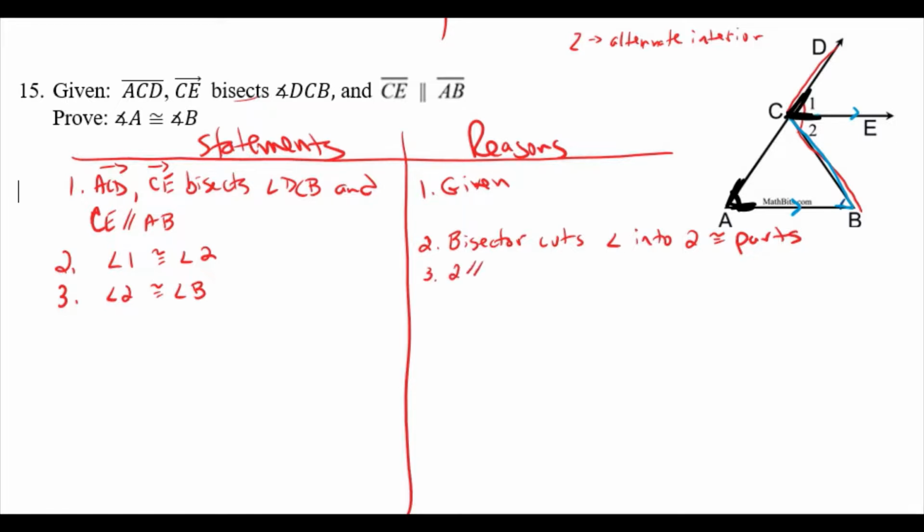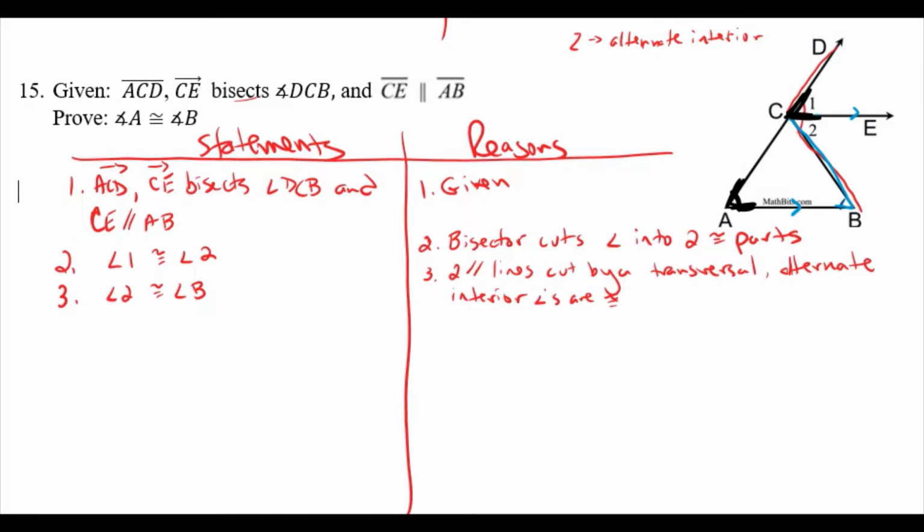So 2 parallel lines cut by a transversal, the alternate interior angles are congruent. Okay, now we can't use the same reason for 1 and A because those aren't alternate interior.